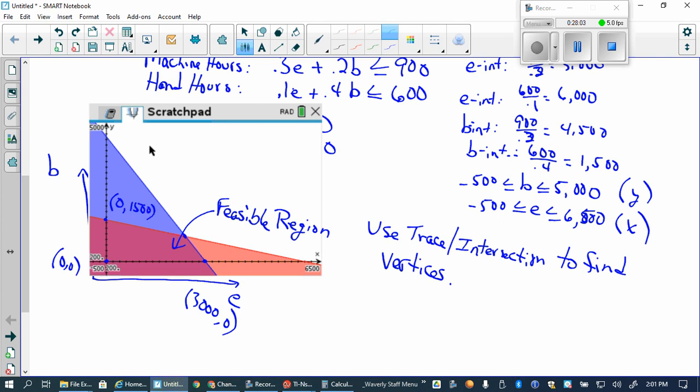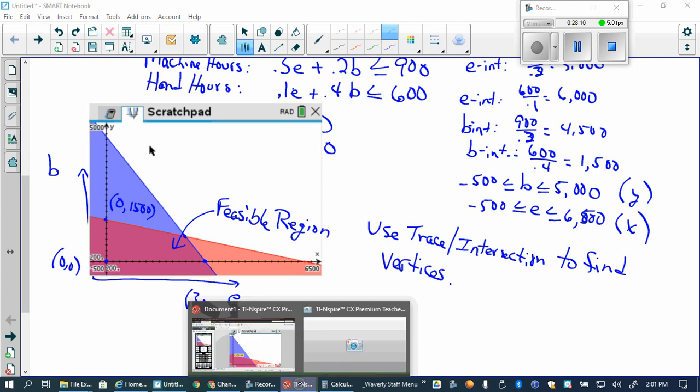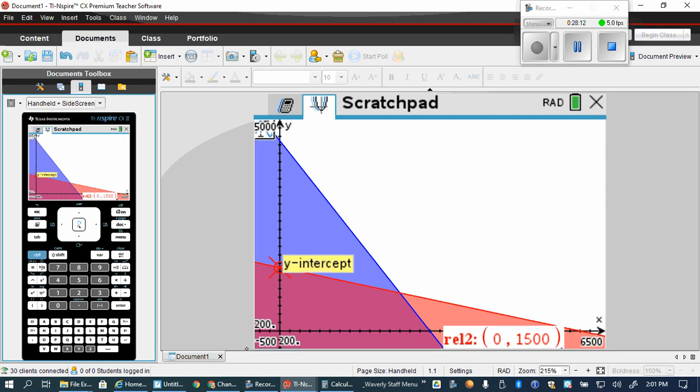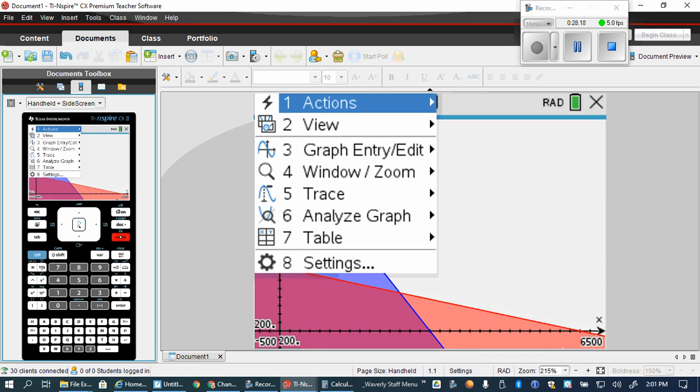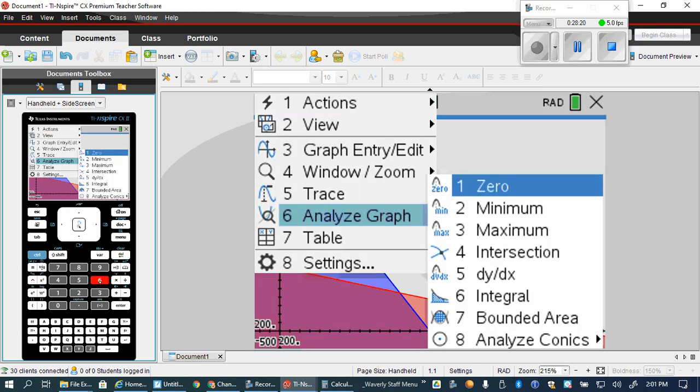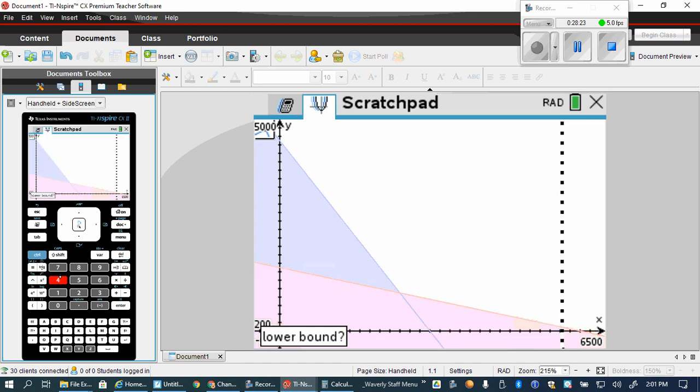And what about the intersection there? We could do trace, or we could do a different thing. I'm going to do it this way. Menu, analyze graph, and do the intersection.